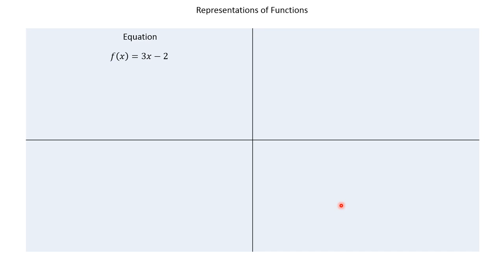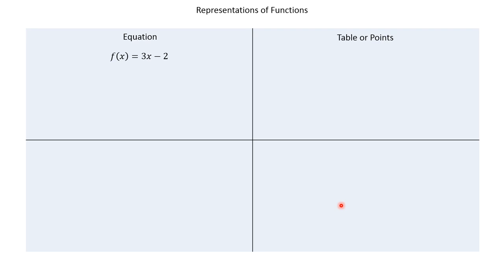How else could we tell someone about a function? Well, the next two ways are very common and usually come to people's heads. The first one that I'm going to show is a table, or just a list of points, where we just organize points in a table.